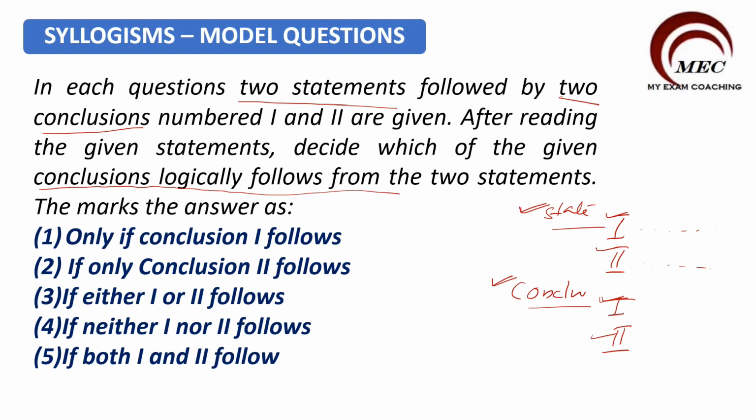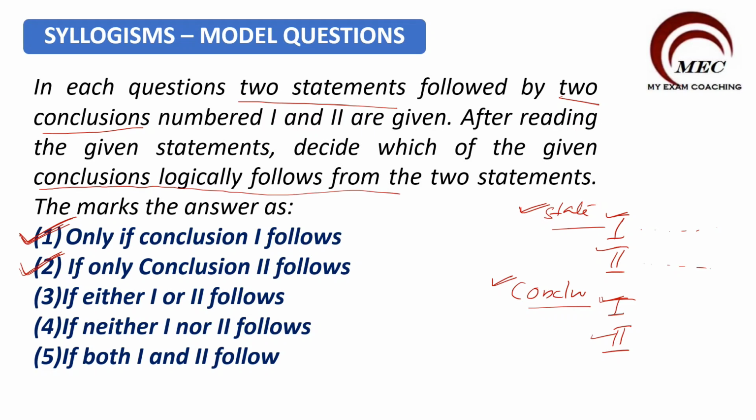So what we have to do: if only conclusion 1 is correct, then we have to mark 1 as the option. Suppose only conclusion 1 follows, then we have to mark the first option as the correct option. Suppose only conclusion 2 is correct and 1 is wrong, then we have to mark the second option as correct, number 2.